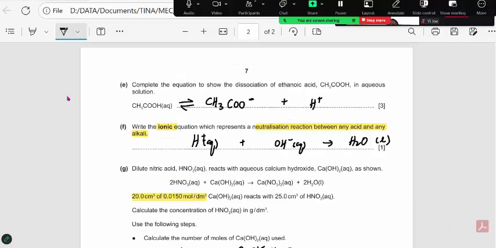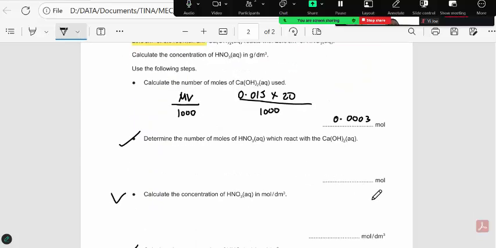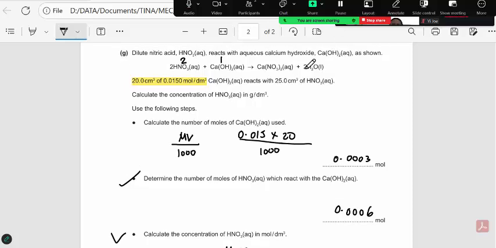So in order to find the amount of moles of nitric acid, you must remember this one, the ratio is 1 to 2. So times 2, okay? So 0.0006. And then the concentration, remember 0.006 is amount of moles. M is what you're looking for. V over 1000. And the V in the question is 25 centimeter cube of nitric acid.